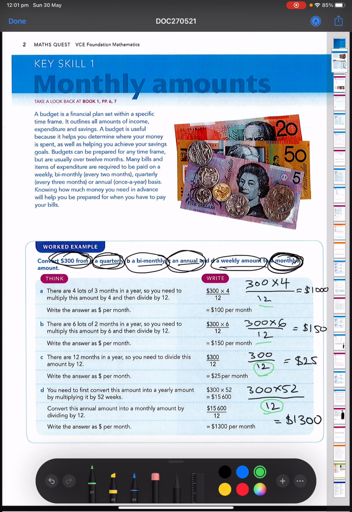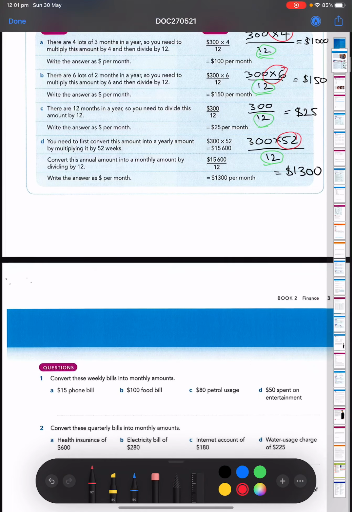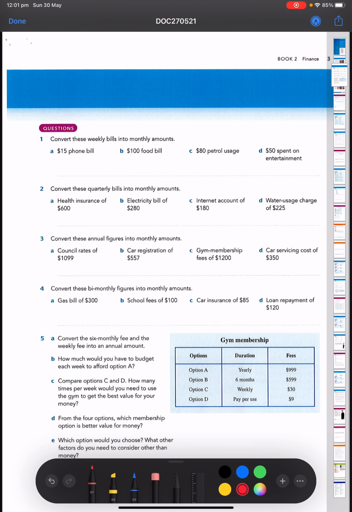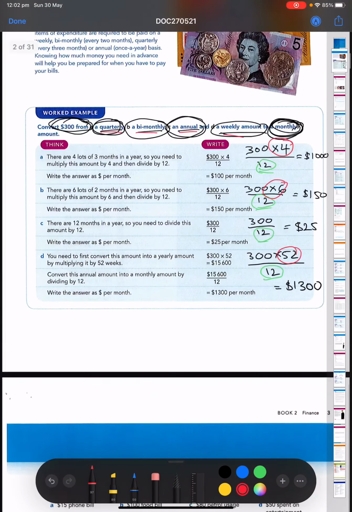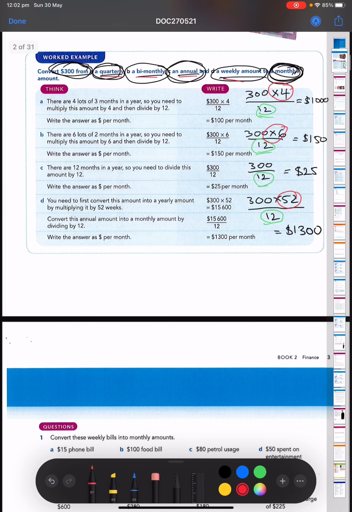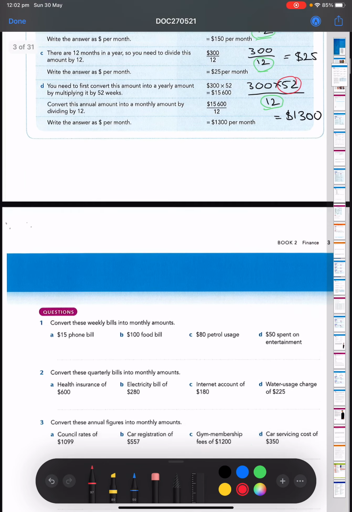And then what the quarterly, bi-monthly, annually, or weekly are doing is figuring out what we would be multiplying it by. So what you are going to be doing is converting these weekly bills into monthly amounts. Question 1 basically refers to following the same steps here.